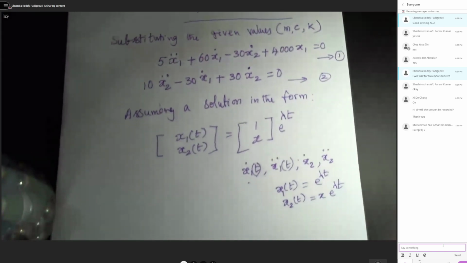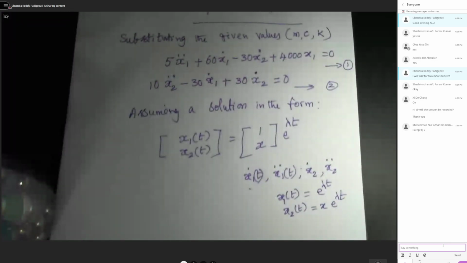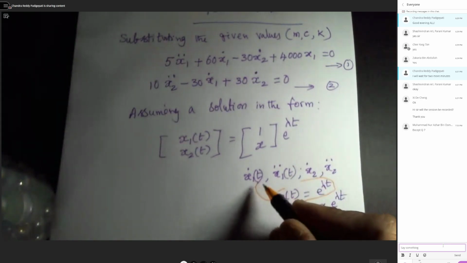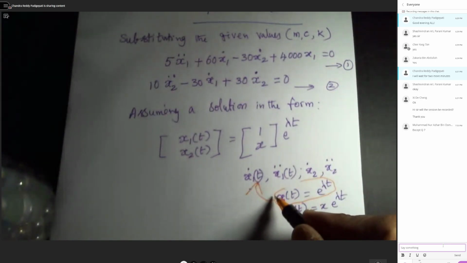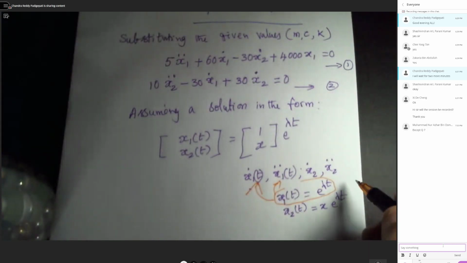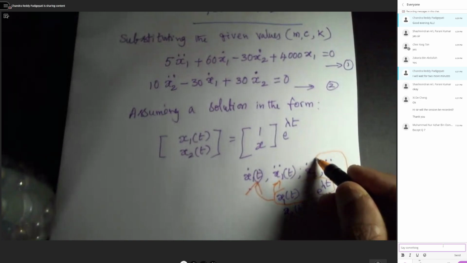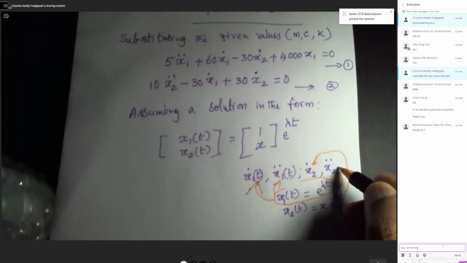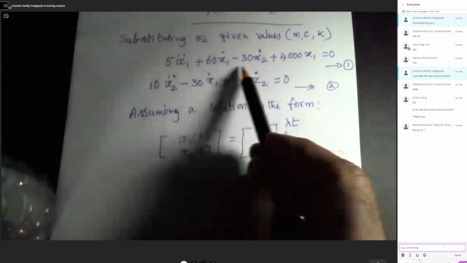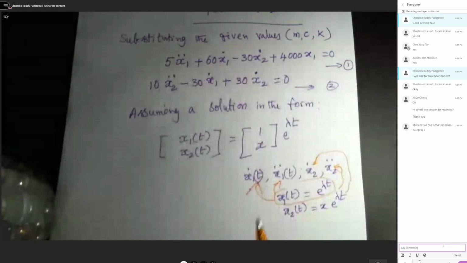From here, calculate x1 dot, then x1 double dot. Similarly, calculate the first derivative and the second derivative of x2. Then substitute these values in the given equations 1 and 2.